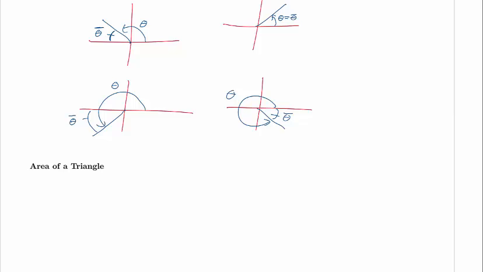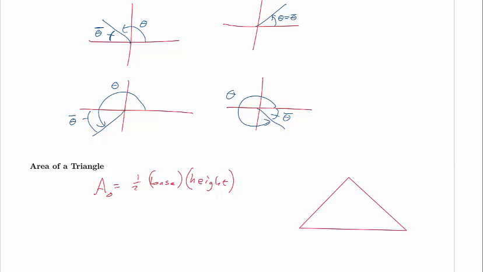Now the area of a triangle, remember the equation. The area of a triangle is 1/2 the base times height. And that's what we're still going to be going off of. Of course, we need to figure out what is the base, what is the height.